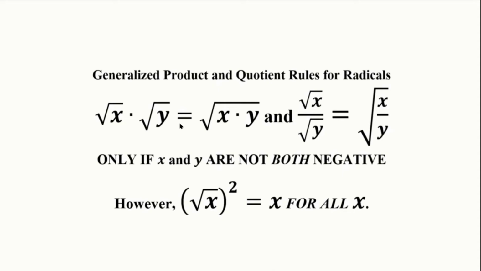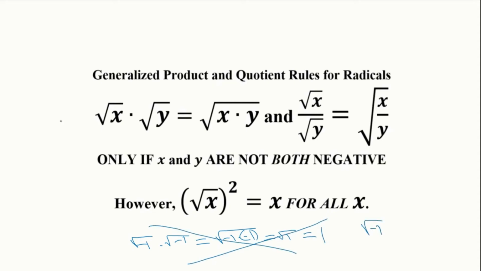In fact, we had to modify these two rules out of respect for this rule so that this rule becomes true, okay? Because let's see what would happen if we let these stay in force. Then the square root of -1 times the square root of -1 would have become the square root of -1 times -1, which would be the square root of 1, which is 1. And of course, as we know, this is not true.